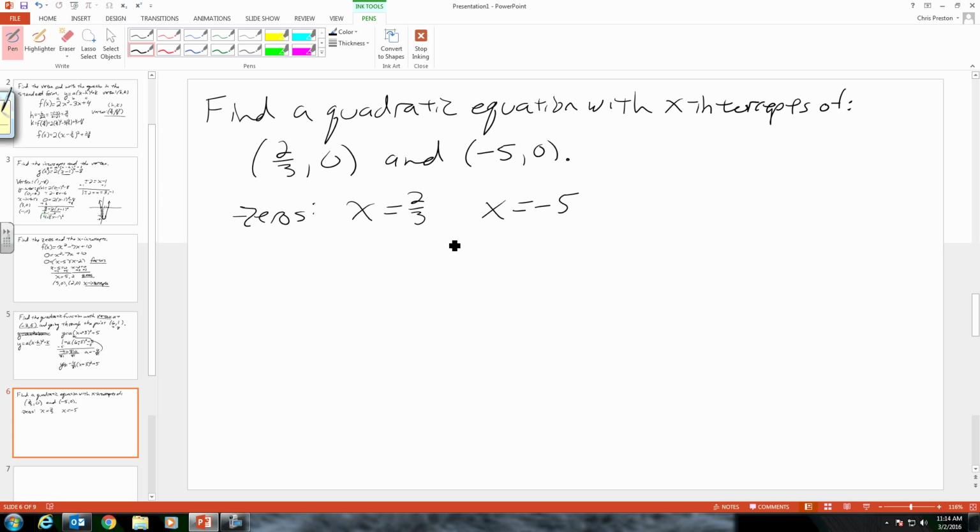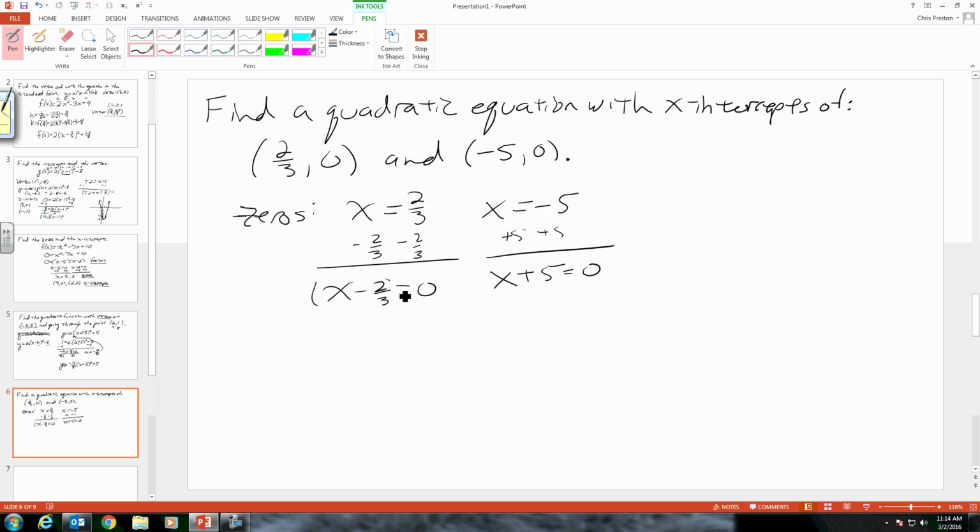Well, if those are my zeros, I can use those to find out what the factors are by getting each of these statements equal to 0. So x minus 2/3 equals 0, and x plus 5 equals 0. Now, I could use these, but this would involve foiling out in a statement involving fractions. I don't know about you, I don't really like fractions.